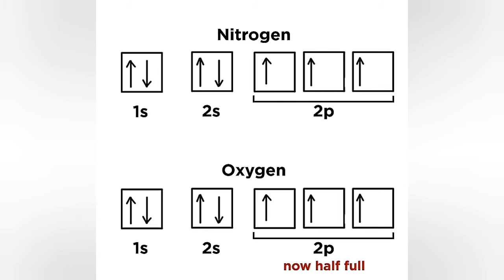That's why oxygen's ionization energy is a little bit lower than nitrogen's, even though oxygen has one additional proton. All deviations from the ionization energy trend can be explained by discrepancies in orbital symmetry like this one.